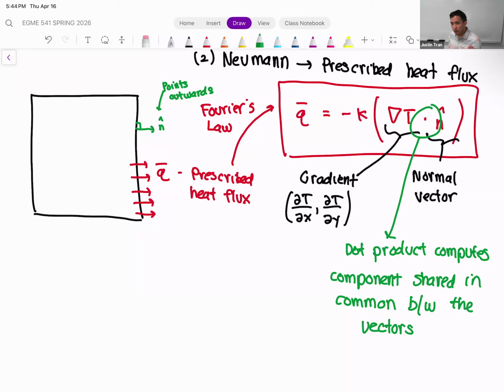And so whatever component of the gradient of T and whatever component of the normal vector they share in common, the dot product is going to express that.